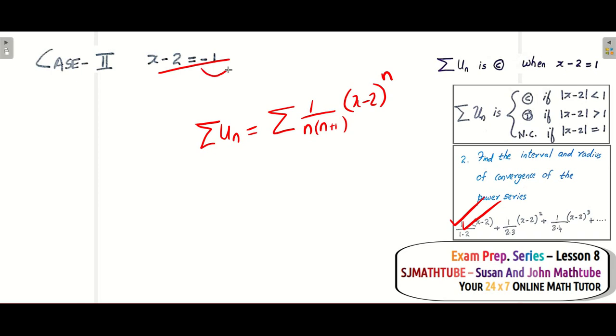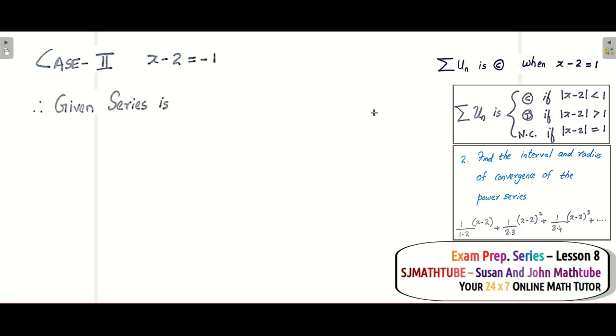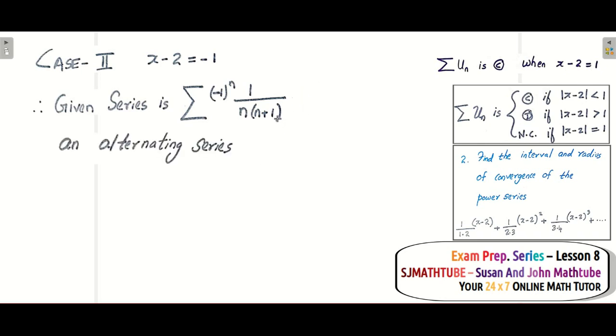Now I am going to plug in this value here, and that will give me an alternating series, same as this. And for alternating series, we have only one test, and that is the Leibniz test. You cannot apply any other test. There is only one test, and that's the Leibniz test.